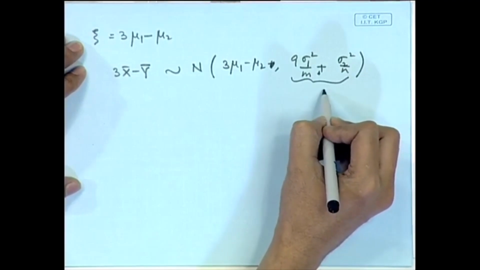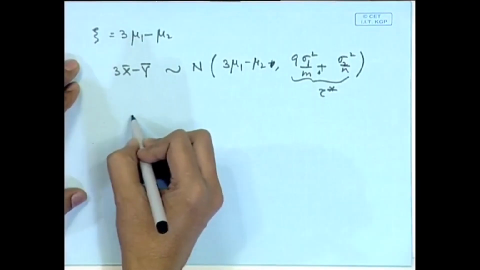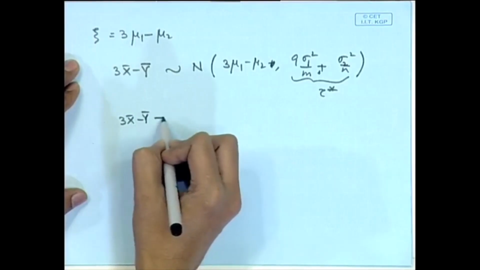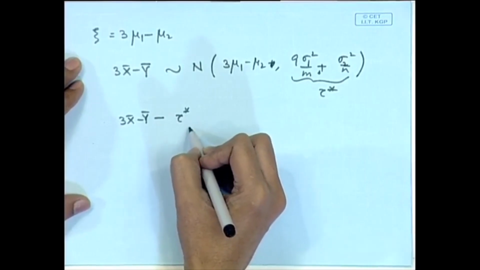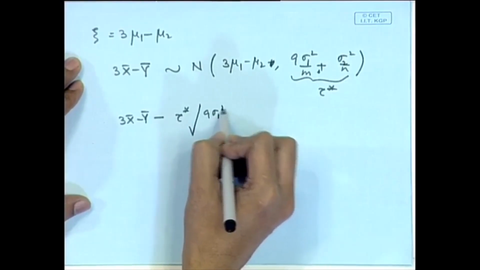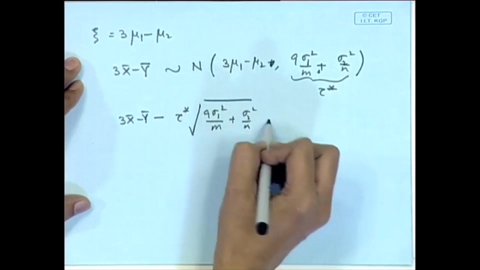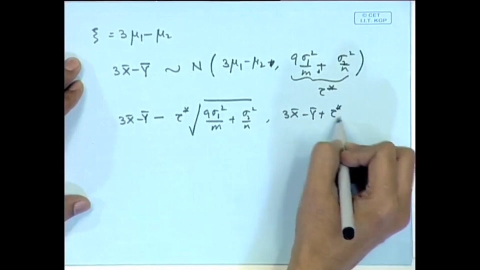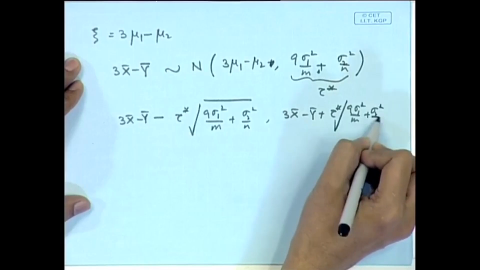If I call this quantity as tau star, then the confidence interval will become 3 x bar minus y bar minus tau star square root of 9 sigma 1 square by m plus sigma 2 square by n, to 3 x bar minus y bar plus tau star root 9 sigma 1 square by m plus sigma 2 square by n.